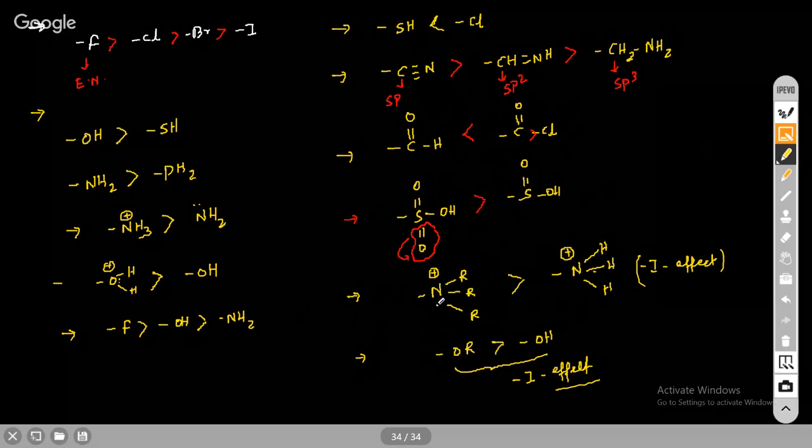Here hydrogen has an s orbital, so s overlap, s overlap, like that. So the s orbital of nitrogen is involved in bonding here, so the percentage s character of this is lesser than this. That's why the plus minus signature is this. But I would suggest you memorize these two exceptions.